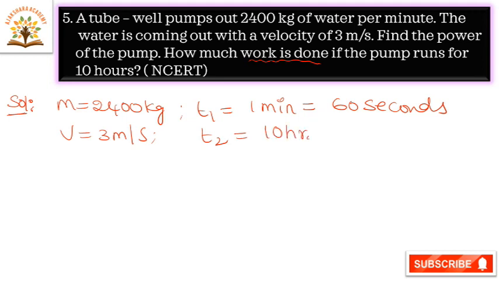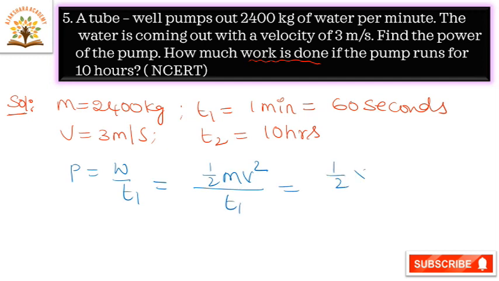So T2 is equal to 10 hours. Now power P is equal to W by T1. So that is equal to half mv square by T1. Substituting values, half into M, they given as 2400, into V, they given as 3 whole square, by T, nothing but 60 seconds.